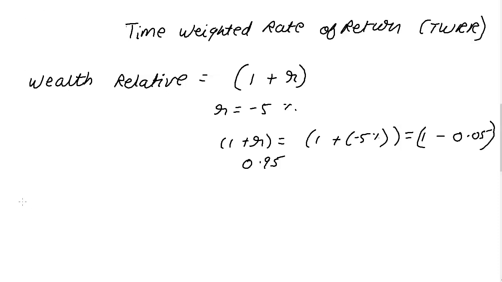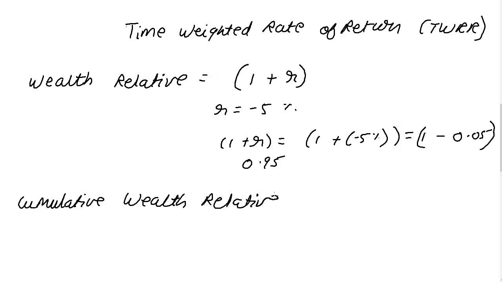Then the next thing we need to calculate is cumulative wealth relative. So cumulative wealth relative is the product of all the year's wealth relatives.